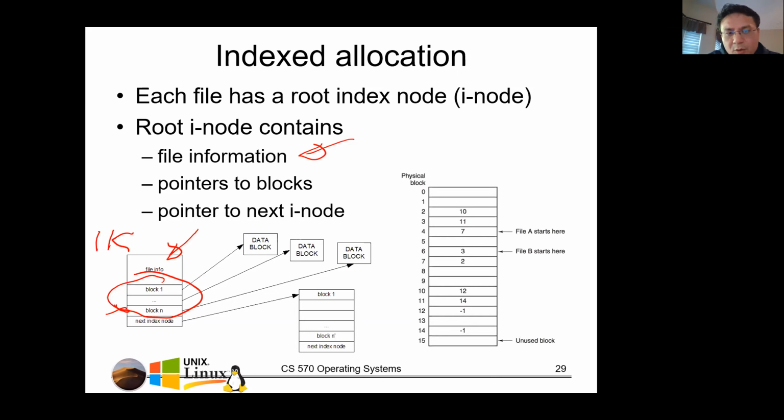And this design is specifically considering what we talked about before, that most of the files you have in your system are small files. So with this design, it favors small files. You estimate that most of the files in your system are within 10K, okay?